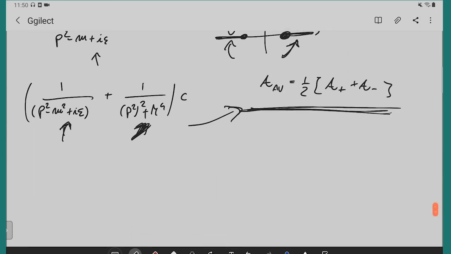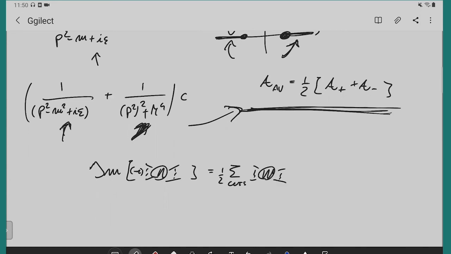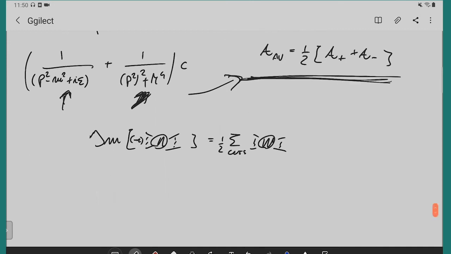If you remember, yesterday I told you that the problem is the cutting equations. The cutting equation tells you that the imaginary part of some diagram, minus i, is equal to the sum over all possible cuts, which is almost like the unitarity equation.